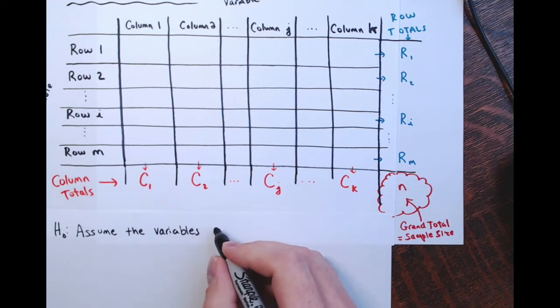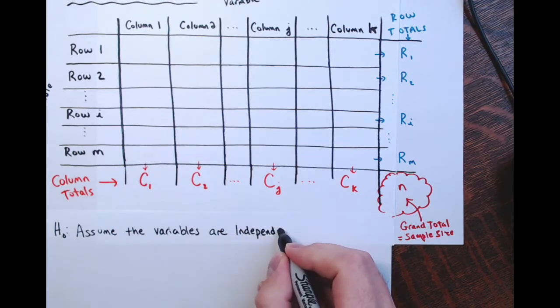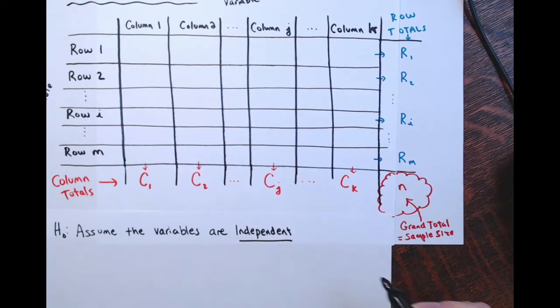The variables or factors, right? We're going to be assuming that they're independent. Now, hopefully you remember back, it's been a while since we talked about probability, actually calculating probability of independent events versus dependent events.